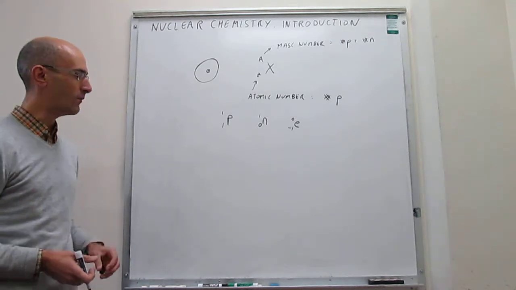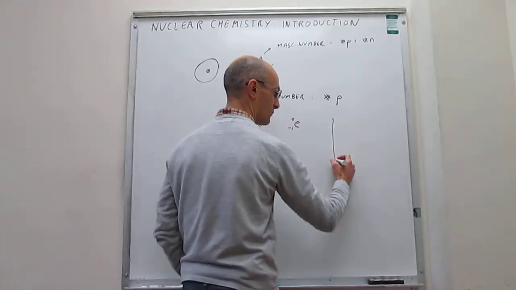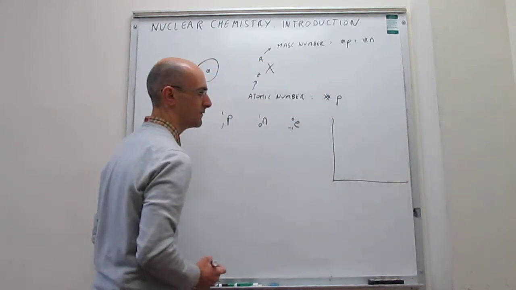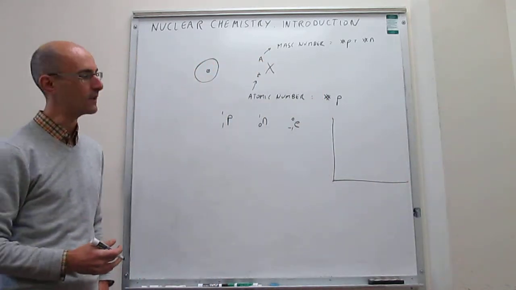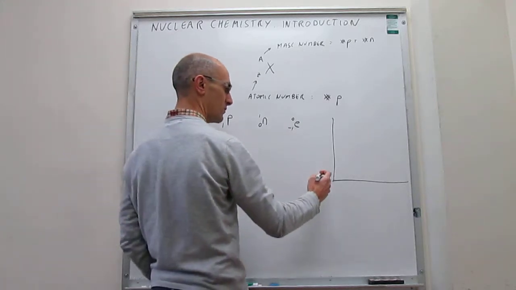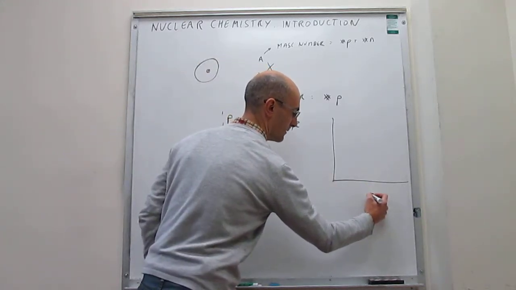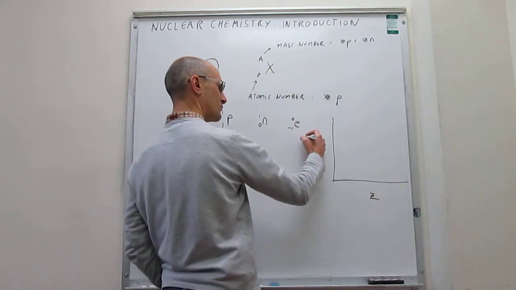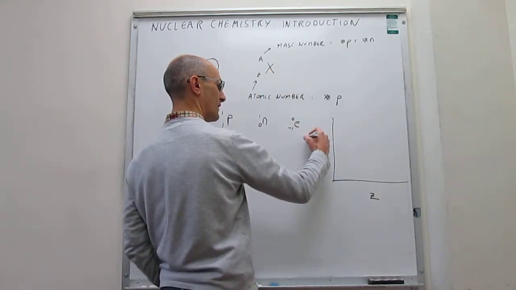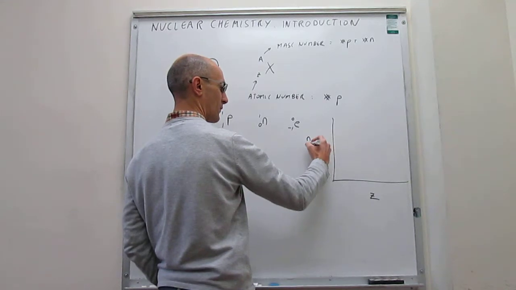When we look at what controls the stability of those 2,000 nuclei or so, we can plot how things change as a function of the atomic number, by looking at the ratio of the number of neutrons over the number of protons.